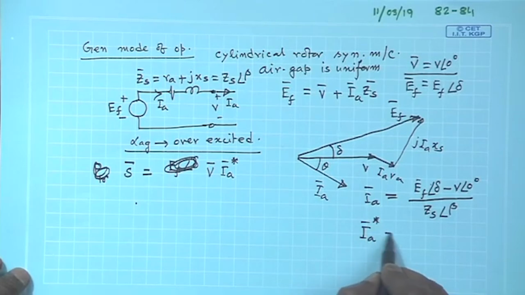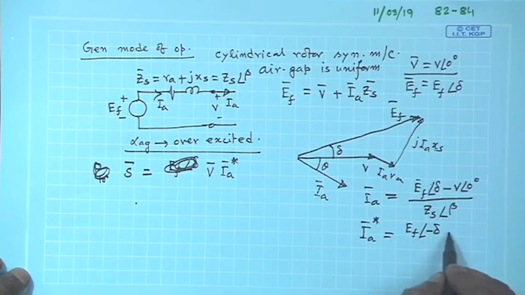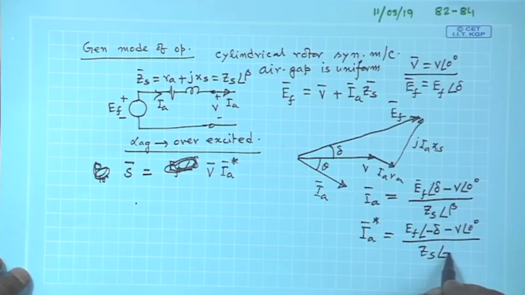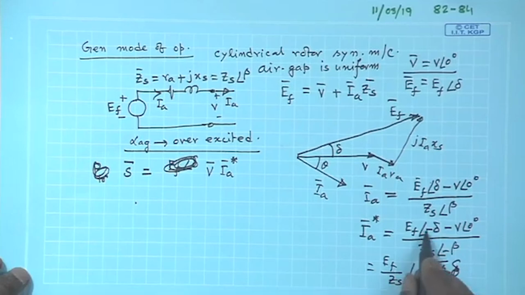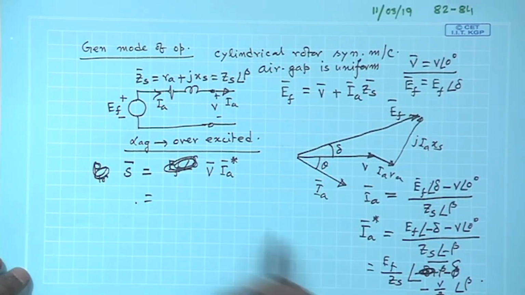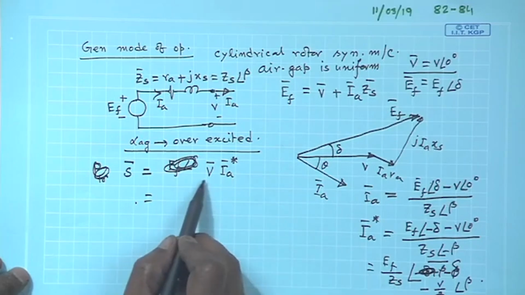So, I A star will be simply E f, all angles should be made negative, minus V angle 0 divided by Z S angle minus beta, which will be equal to E f by Z S, and this will be minus delta plus beta, no, this will be beta minus delta, this first term, and this will be minus V by Z S angle beta. So, this we substituted it here, I will not repeat.